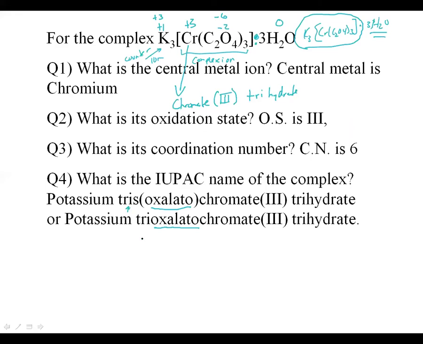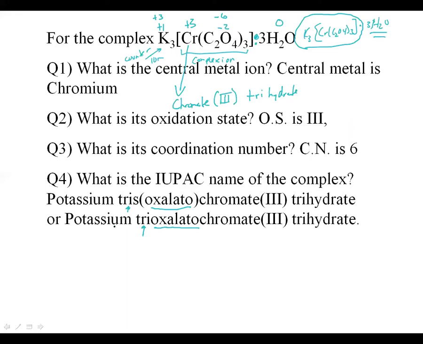Although it's not very obvious that this has a prefix in it, some people treat it that way and will use the tris rather than the tri. For us, you can use either one, but you will definitely see for our oxalate or oxalato there, you'll see it twice. And then our counter ion is just potassium to begin with.